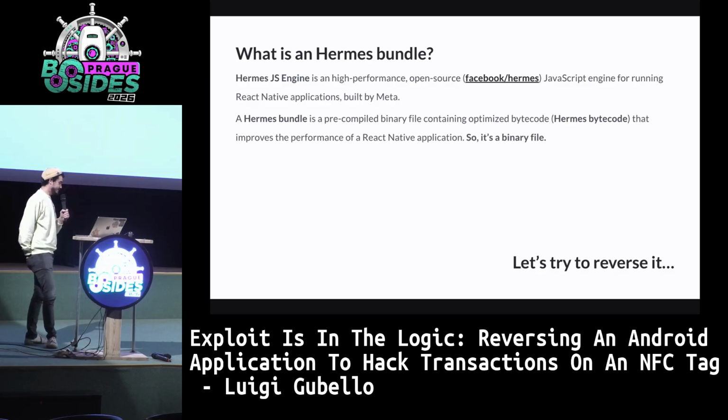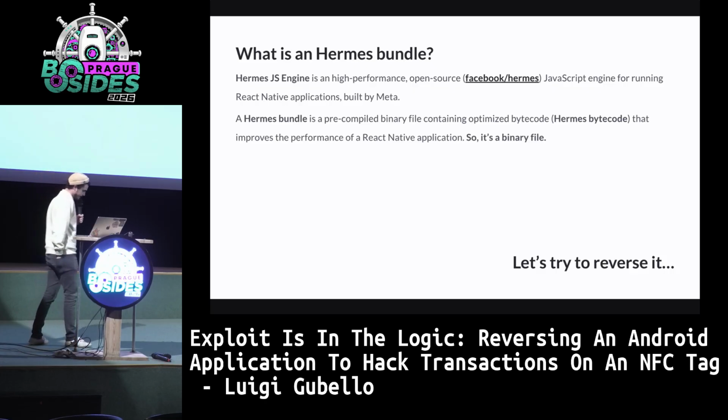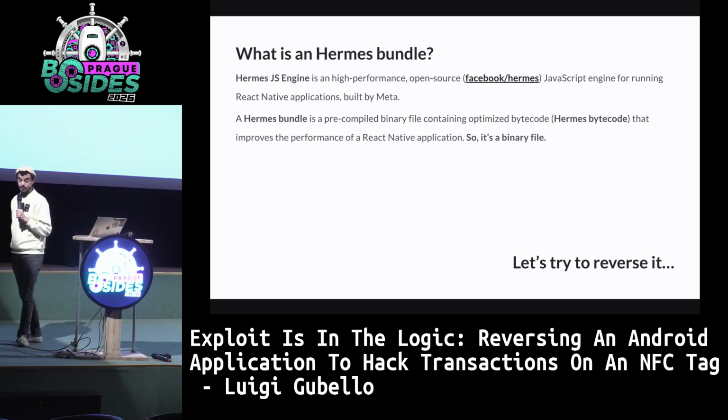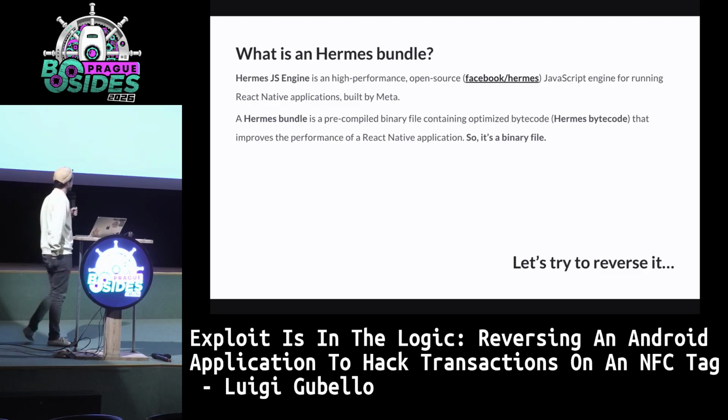That makes sense, because if you are working on a mobile application, especially for Android, the ecosystem is so different, so complex, that optimization is a requirement. So a Hermes bundle is just a precompiled binary that contains optimized bytecode.